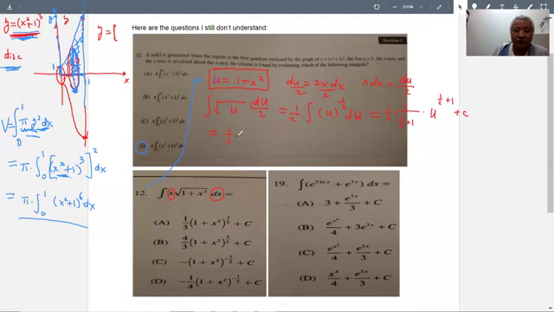This 1/2 is there, and this 1 over 1/2 plus 1, that is 1 over 1 over 2 plus 2 over 2, right? And then the top part will be u to the 3 over 2, because 1 plus 2 is 3, 3 over 2. And then you have a du plus c. And then continue.